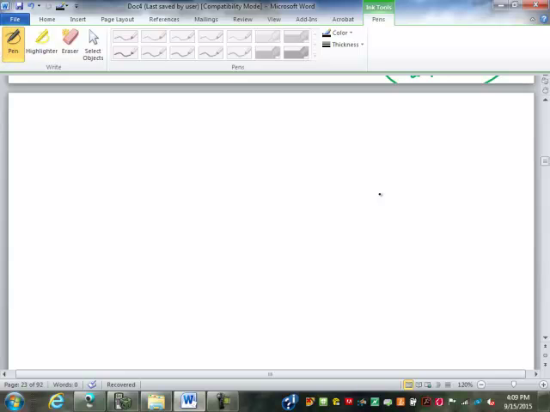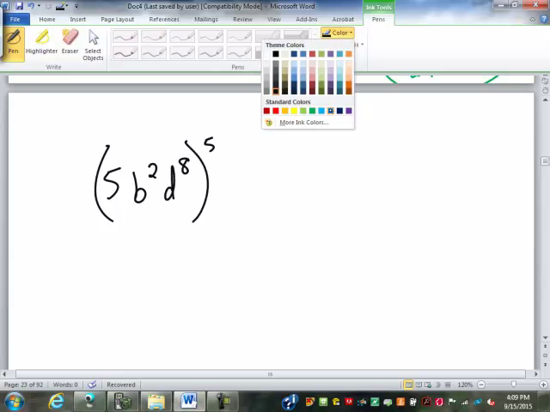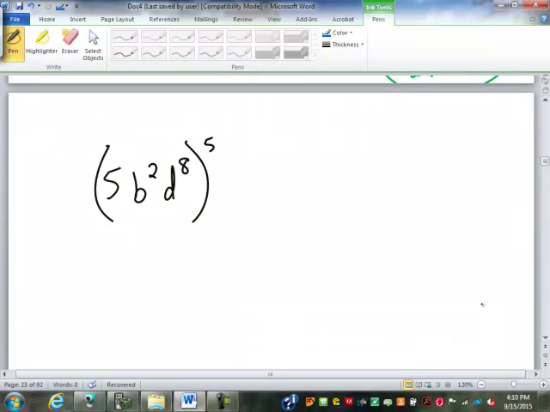It can be frustrating, can't it? Let's give you one a little simpler. Try that one quick. So 5 to the 5th power is 3,125. b to the 10th. d to the 40th.